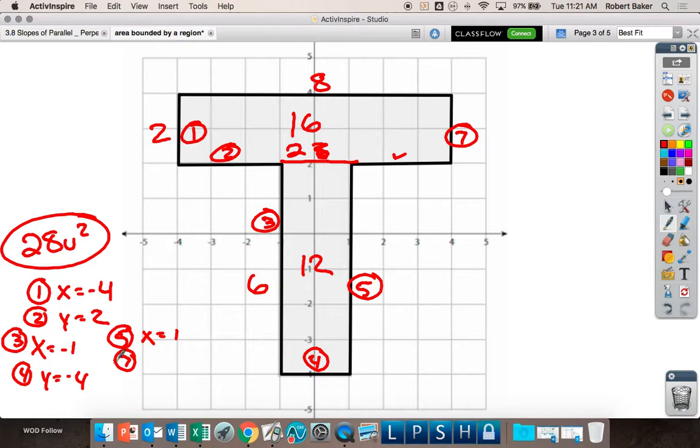I just skipped it right here. X equals 4. I love when a plan comes together. X equals, Y equals 2. Y equals 4.